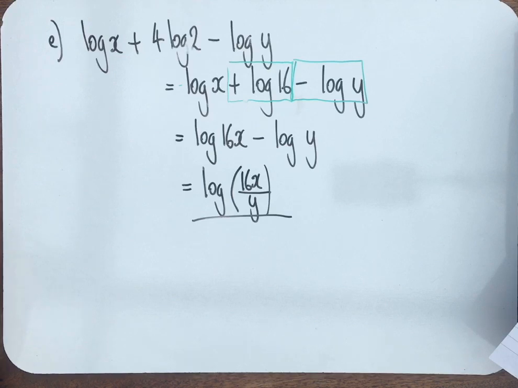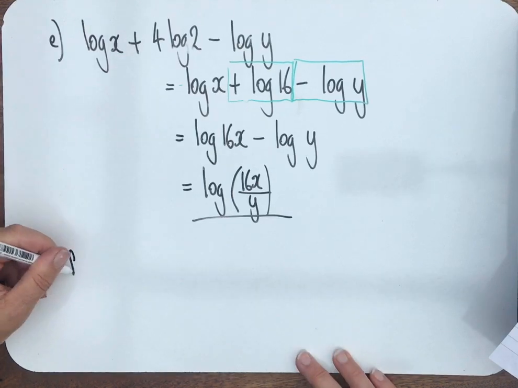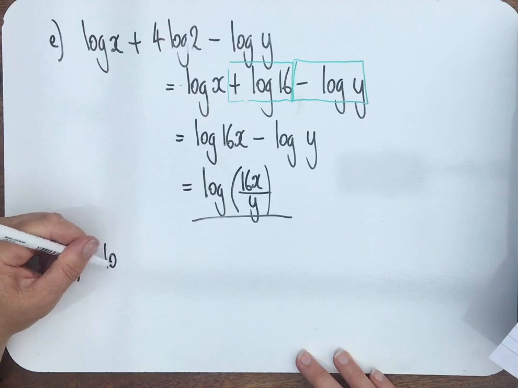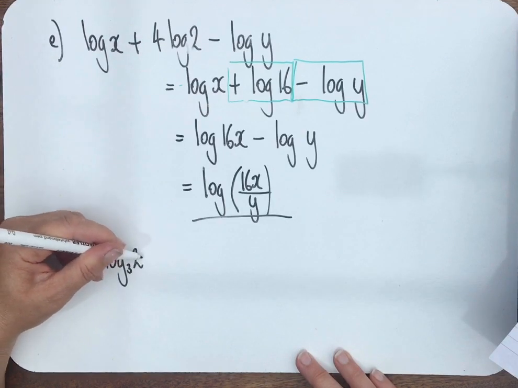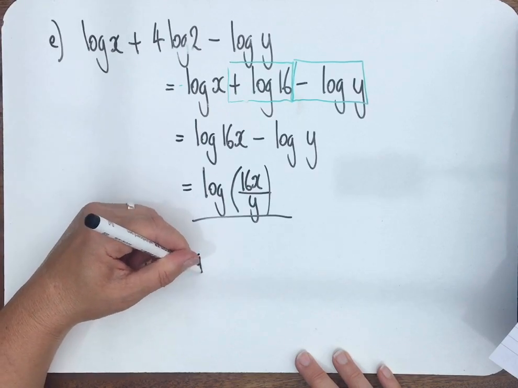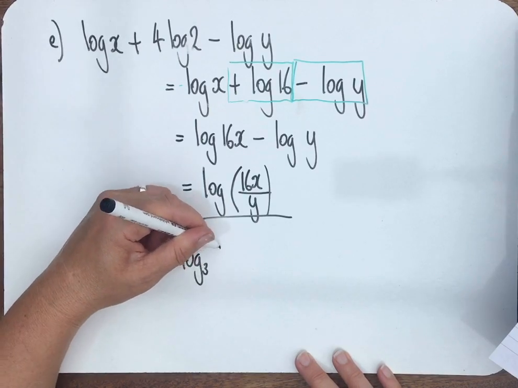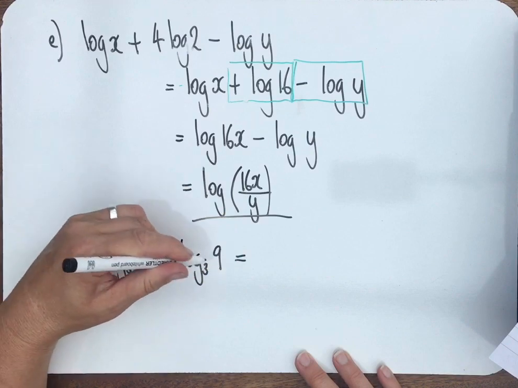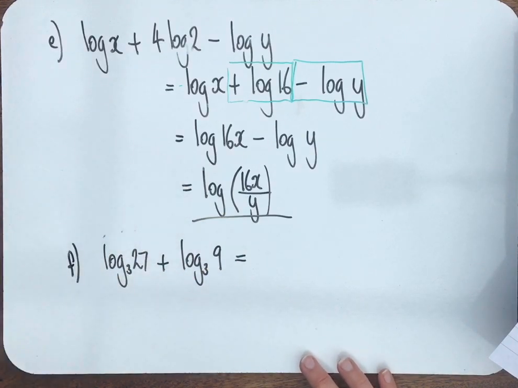The other thing to remember, we'll do one more actually. So log to the base 3 of 27 plus log to the base 3 of 9. So multiplying those two together. Well, there's two ways you could do this, I suppose.